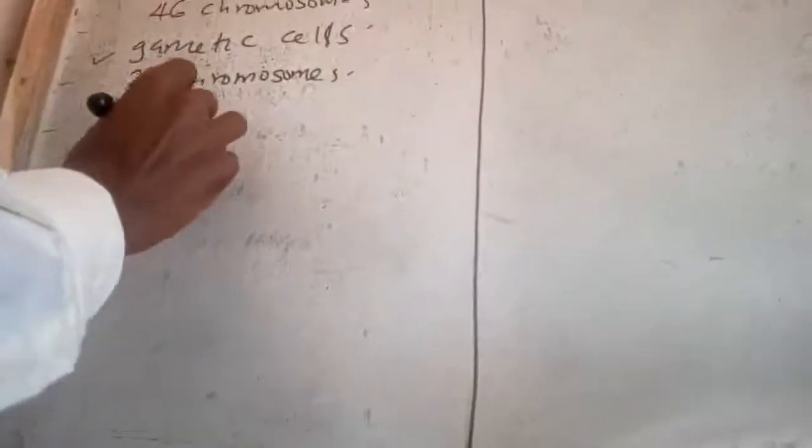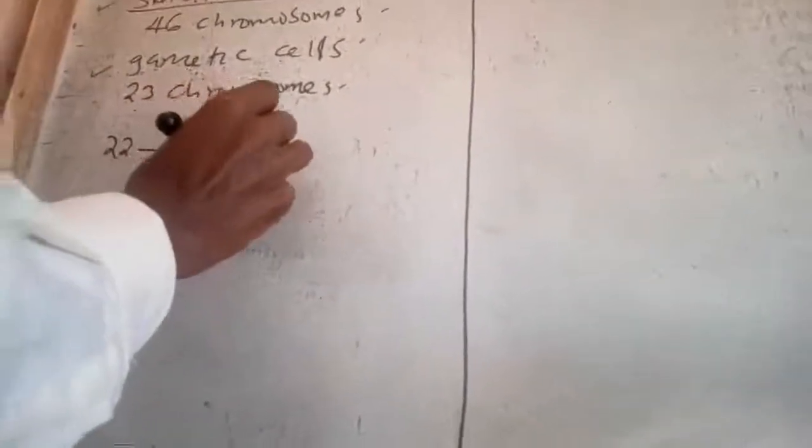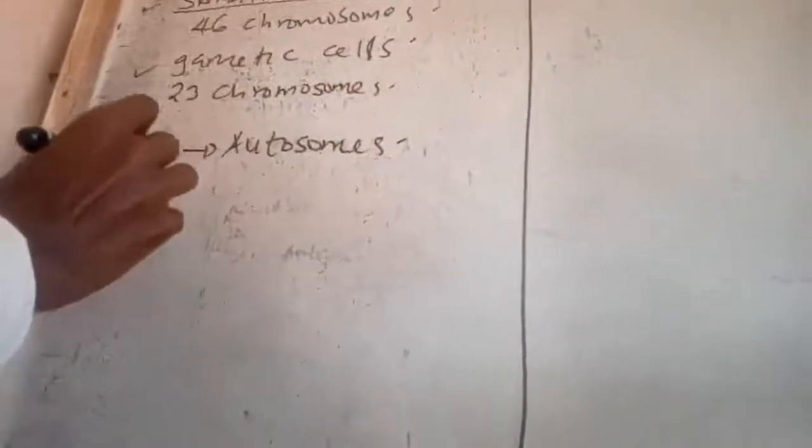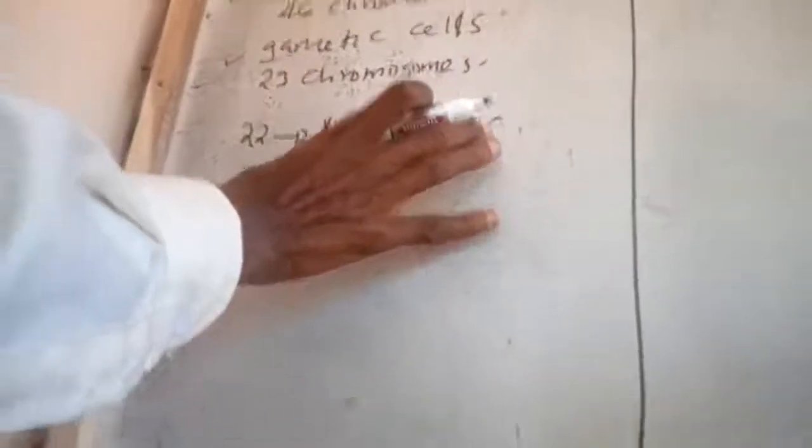Having said that, you are supposed to know that in the somatic cells, 22 of the pairs are called autosomes, and those are responsible for growth.